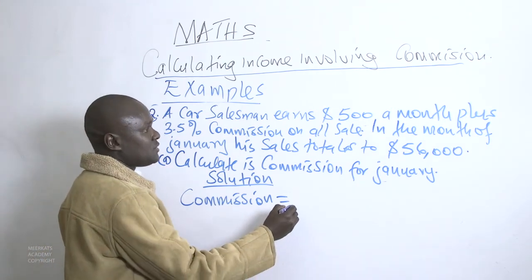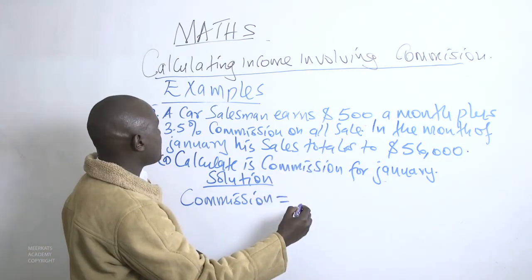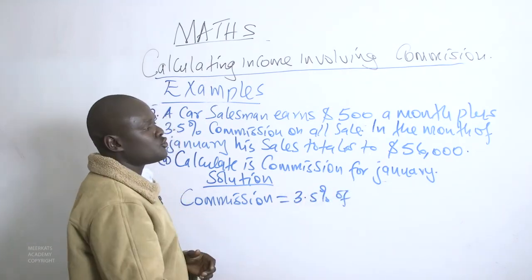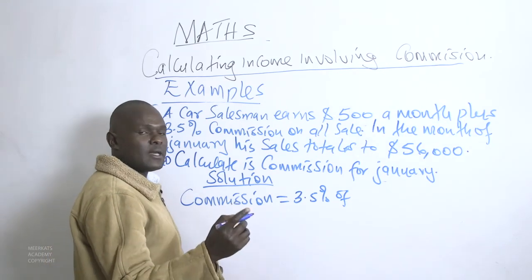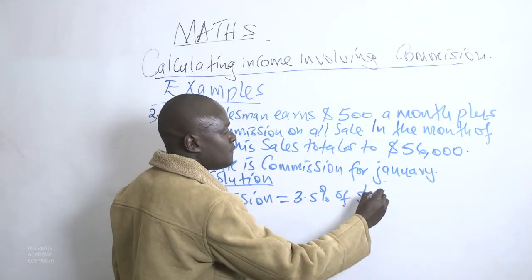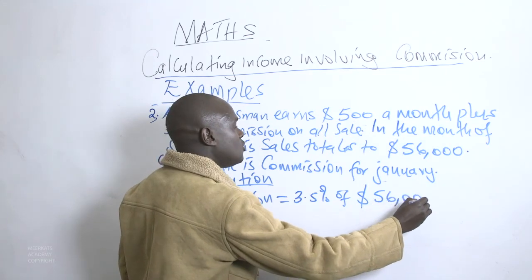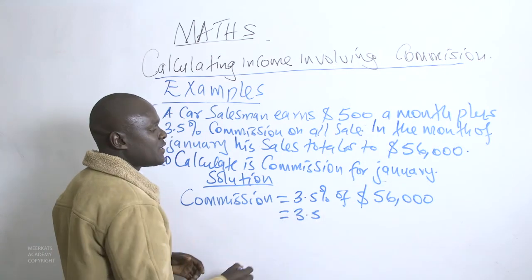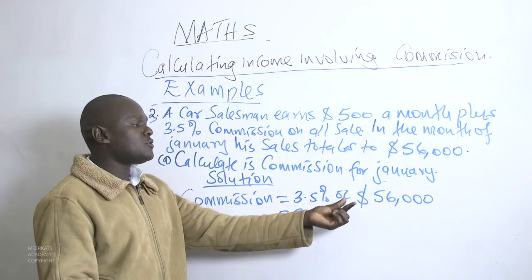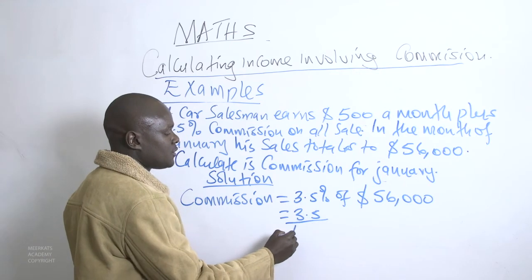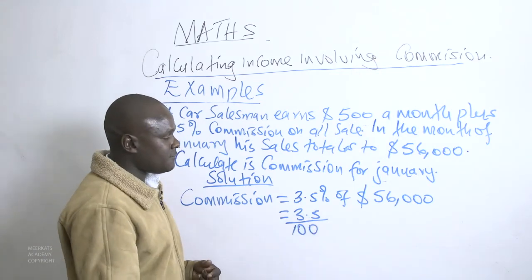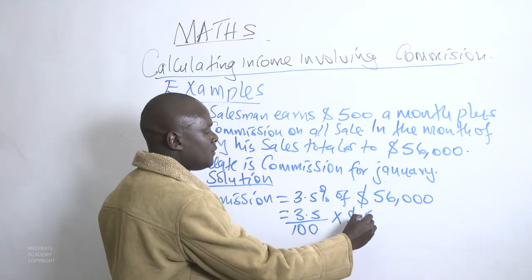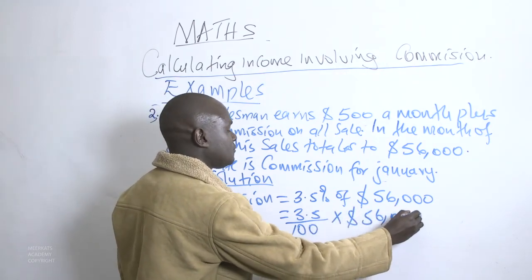Commission is a percentage, and in this case it is 3.5% of the total sales in that month, and the total sales were $56,000. So this commission will be 3.5. We express this percentage as a fraction or a decimal before we multiply with the total sales. This will be 3.5 out of 100 multiplied by $56,000.